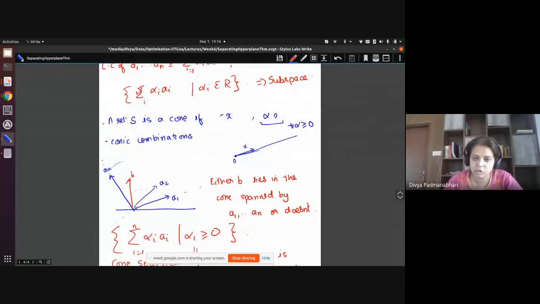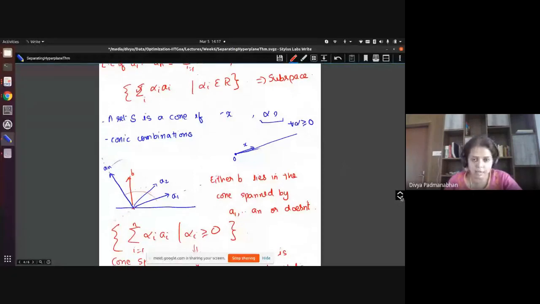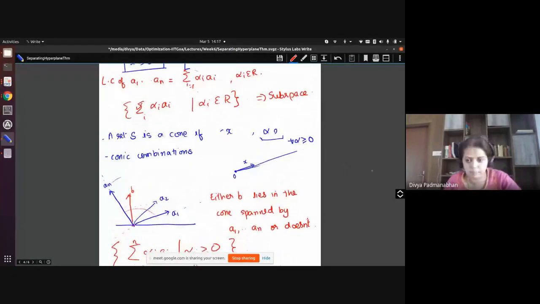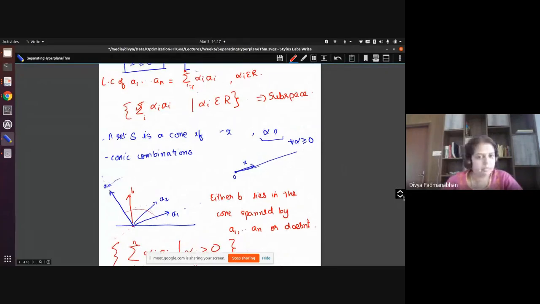If you take a1, you can have a negative scaling also, so minus a1 is also there, and any negative multiple will belong to that subspace. But in conic combinations, you can't have a negative multiple. All that you have is a positive multiple, and that's why it's the region spanned in between these a1 to an, and strictly bounded by these regions. That is what we will call the conic hull, or the cone spanned by a1 to an. I hope it's clear.